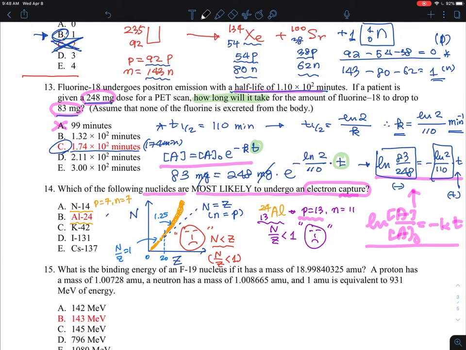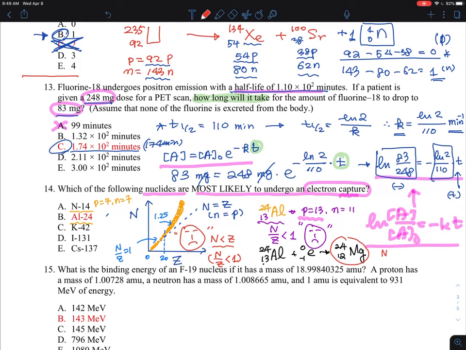So if I write the second case, aluminum-24 with atomic number 13, if it captures an electron, what's going to happen is the atomic number becomes 12, and if I look at the periodic table, 12 means Mg. So that's how I write it, and then I write the rest, which is 24. Now look at this Mg.